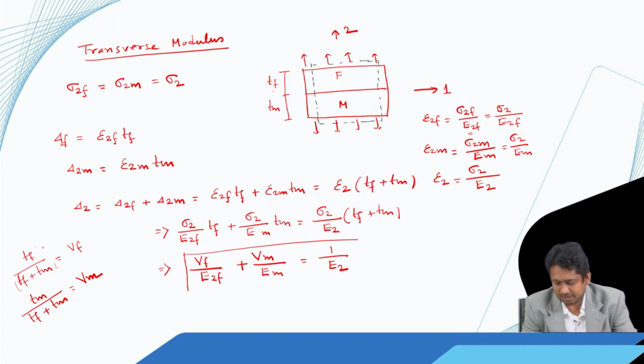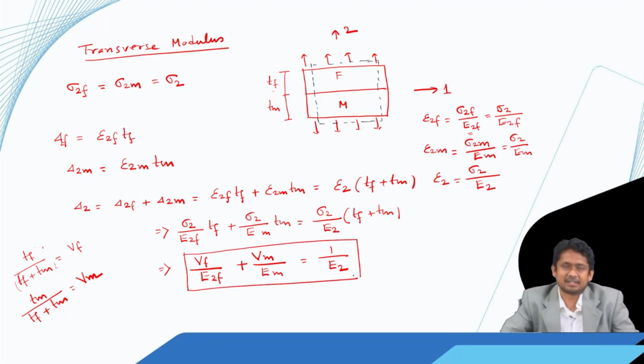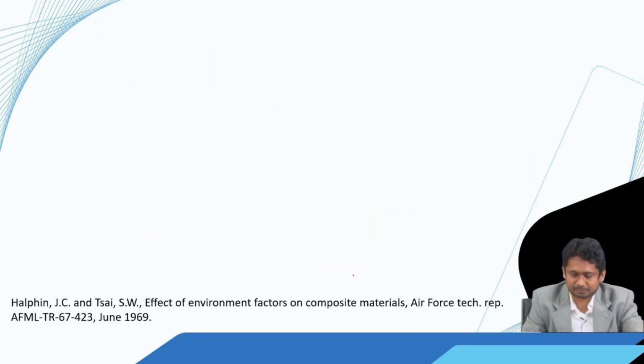This is another important relation that we get, and this says that the reciprocal of the elastic modulus along direction 2 of the composite is equal to a weighted combination of the individual reciprocals of the elastic modulus of matrix and fiber. Here the weight factor is again the volume fractions.